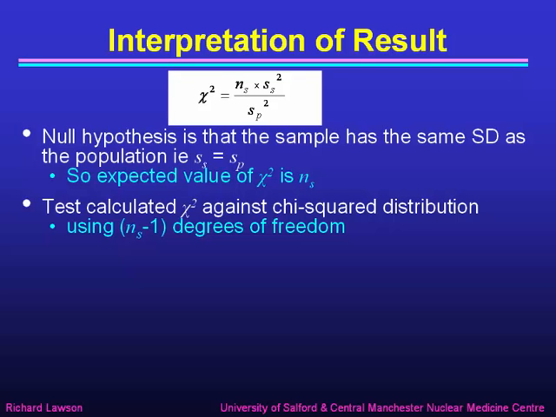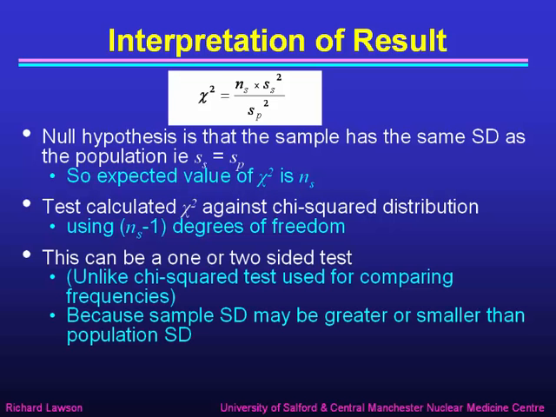The chi-squared distribution needs to know the number of degrees of freedom, which as usual is the number in the sample minus 1. Note that this version of the chi-squared test can be one-sided or two-sided. When we looked at chi-squared before for a non-parametric test for comparing means of distributions, we said that version of chi-squared could only ever be a two-sided test.